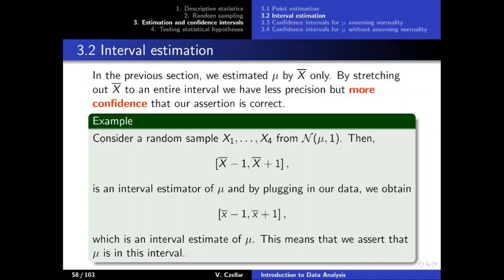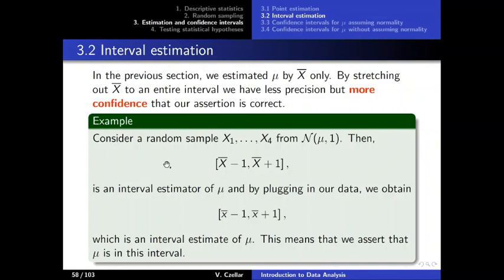So in other words, we would like to stretch out this number. So far, we just provided one number for the parameter, right? For example, for mu, we provided x bar. Now we would like to stretch it out to x bar plus minus something. Why do we do this? To be more confident in our assertion, right?